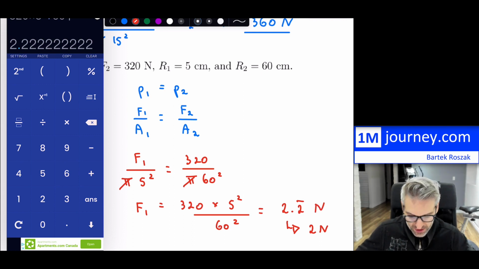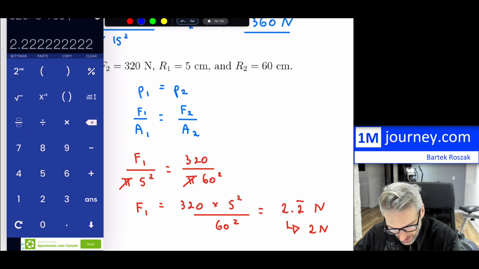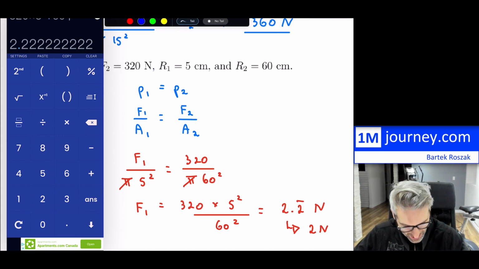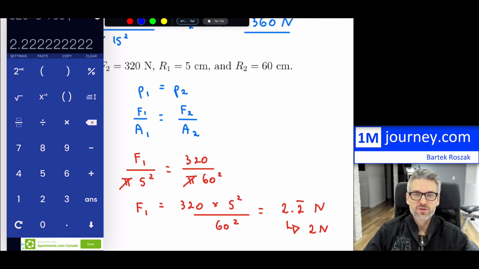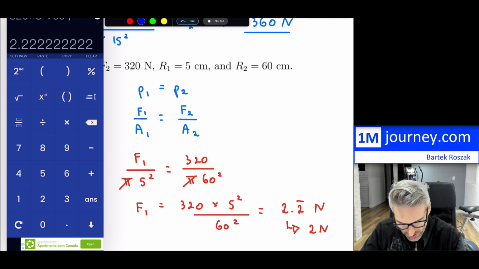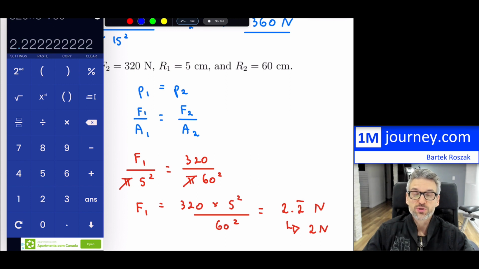And that is very tiny, right? So notice what happens in here: you have 320 newtons on the opposite side, but here only 2 newtons on this one. So it's quite a huge contrast when the pressure just passes along. This is certainly because the radii do change, all right? So that is it.